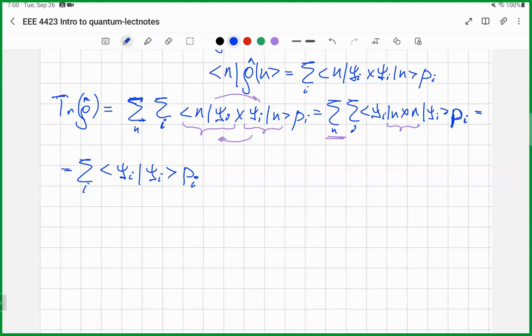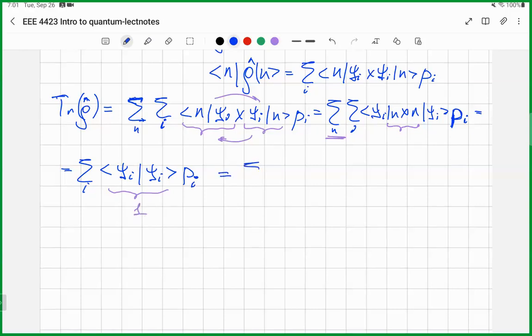This is a requirement of quantum mechanics, that the state vectors are unitary normalized. So this inner product gives me 1.